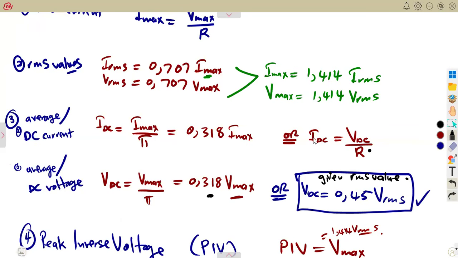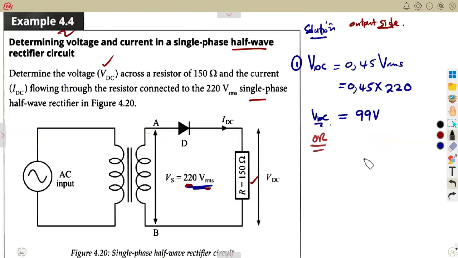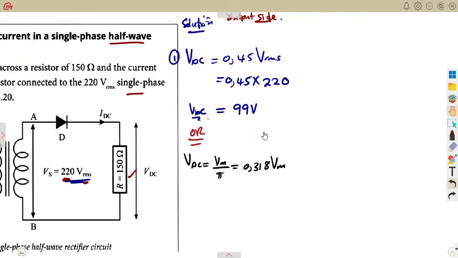If you use Vmax over pi, you're going to have something closer to the answer because of the rounding off of the values. We could have calculated the same VDC that way, but we are limited somewhere. We know this is Vmax over pi, which is the same as 0.318 of the maximum voltage.